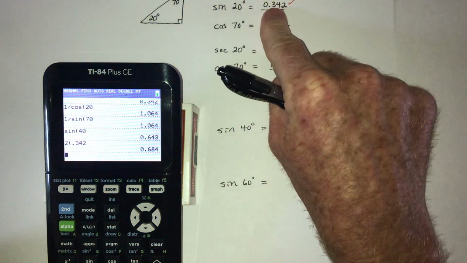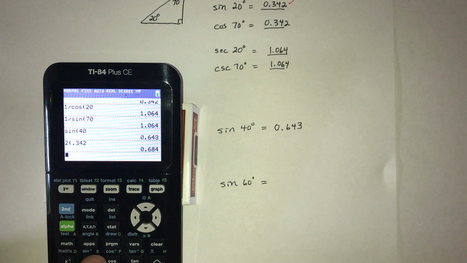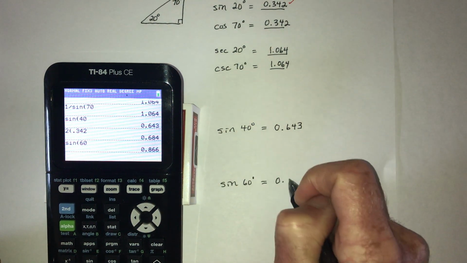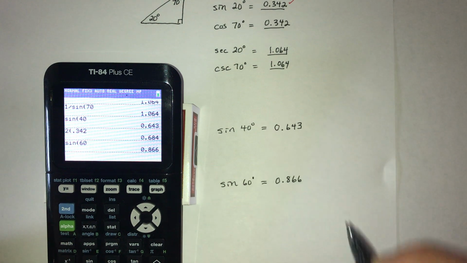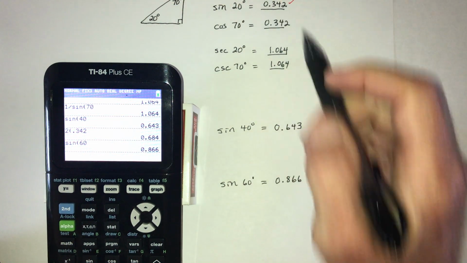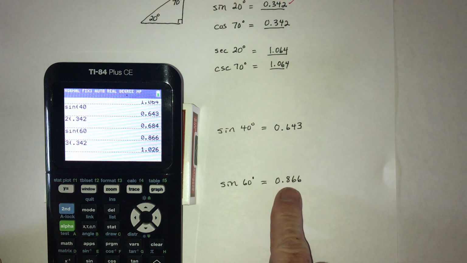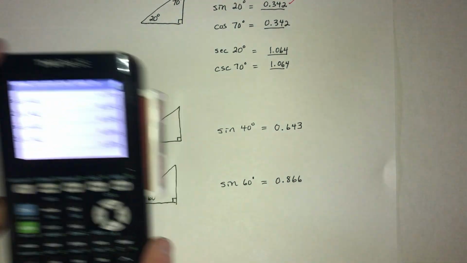Is it triple this answer? Let's see, sine of 60 is equal to 0.866. Is that triple this? 3 times 0.342. Nope, that's not even close. It's not triple.